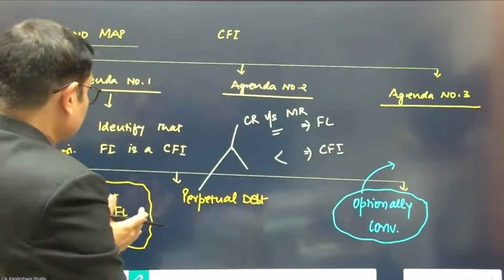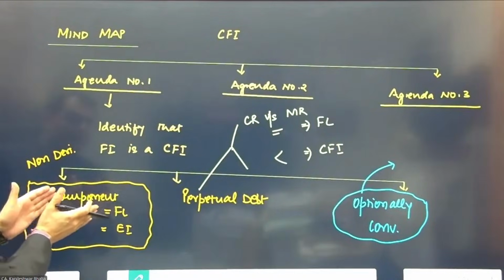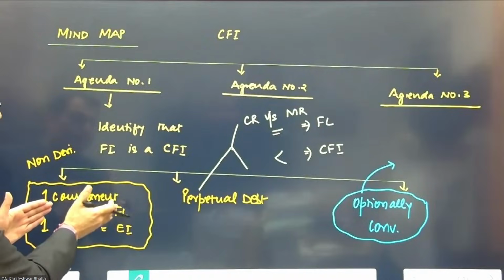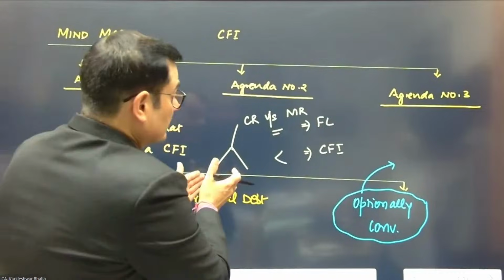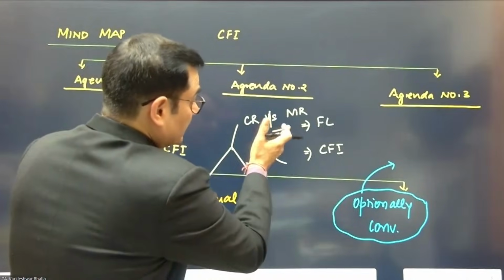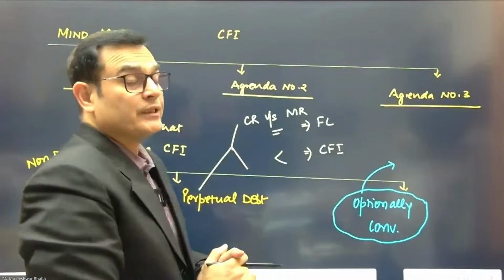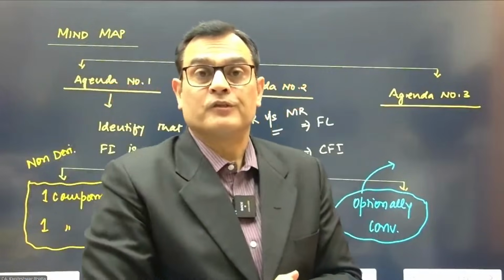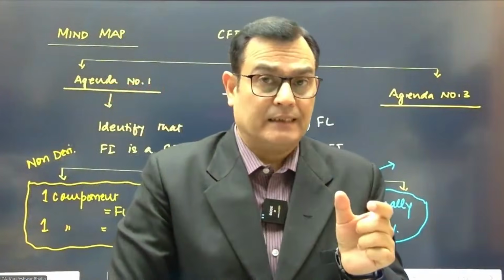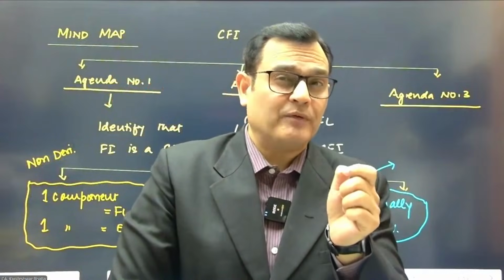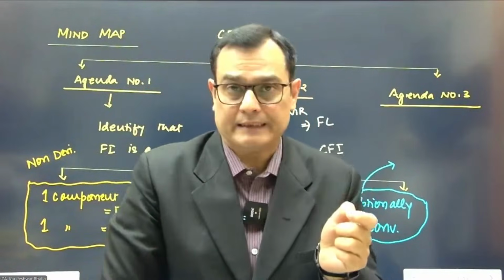You can see the reason why it is a CFI, because one component is FL and the other is equity. The reason why it is a CFI is that the coupon rate is less as compared to the market rate. So the reasoning behind the fact that it becomes a CFI needs to be very crystal clear at the back of your minds.